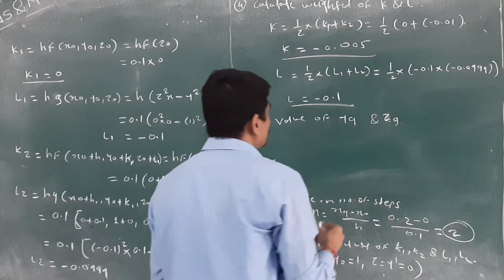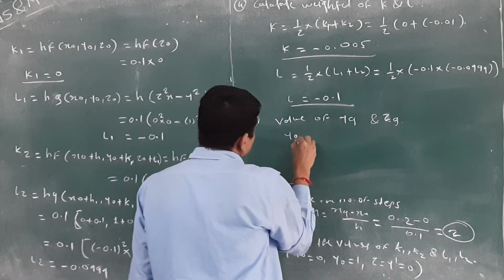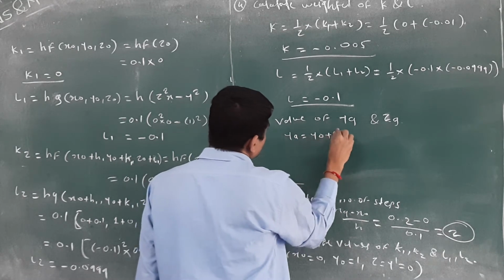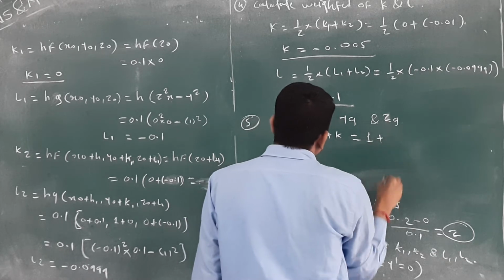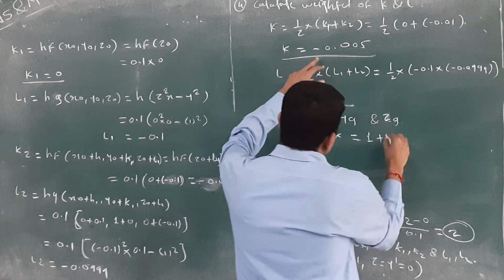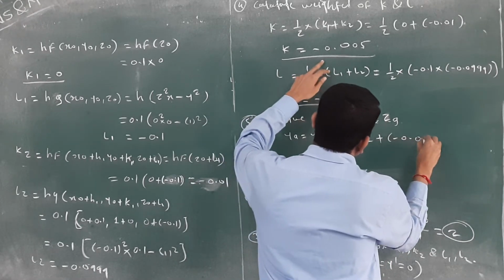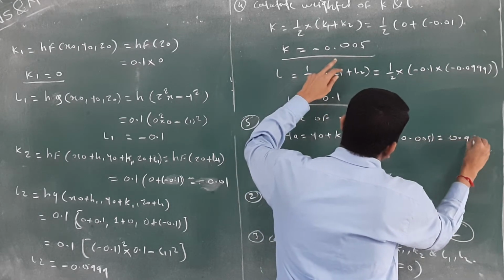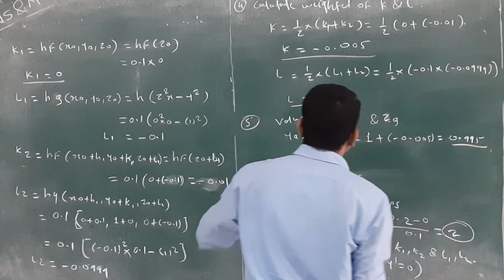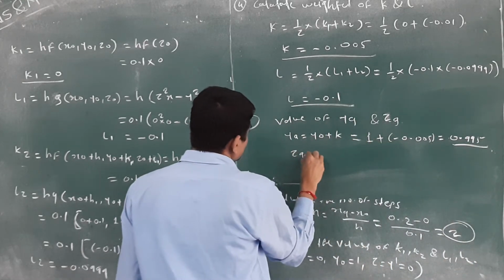Yes, we have seen in the last section. Yj is equal to y0 plus k. What is the value of y0? 1. What is the value of k? Minus 0.005. Then you will get 0.995.